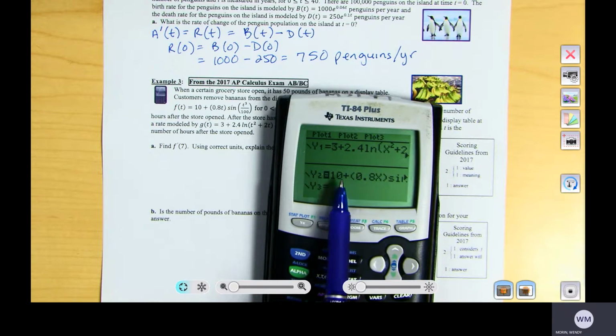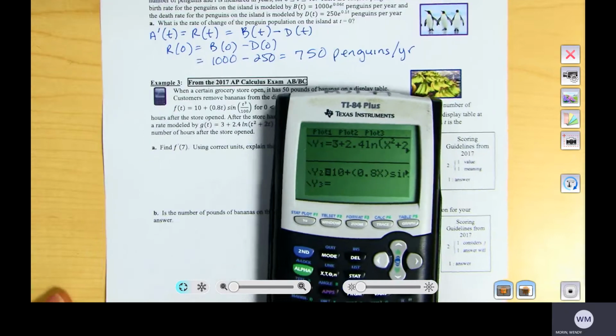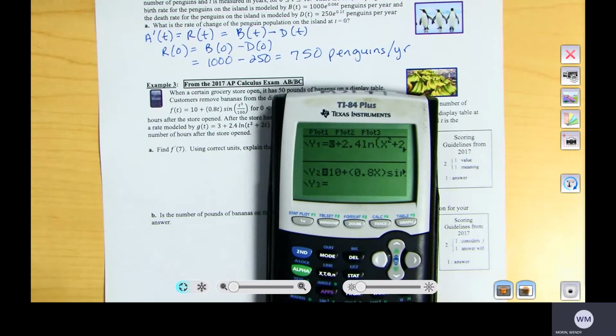Rate in, rate out. These are going to be one of the first two questions on the AP exam. There are two calculator questions, and there's a good chance that it's going to be a rate in, rate out problem. We are only doing pieces of the actual free response because you do not have enough knowledge to do all of the pieces.